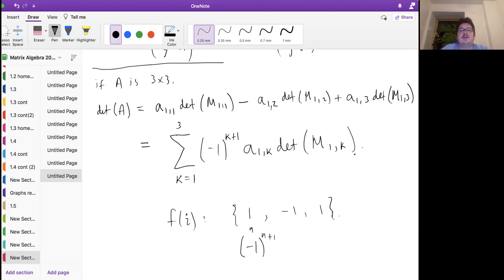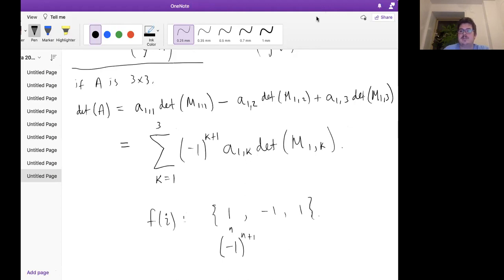Okay, so that's our determinant formula. Since it's 3 by 3, you don't need to memorize the sum. But later, when we do n by n, we will use some sort of sum notation. But this is just to tease us for the general notation.